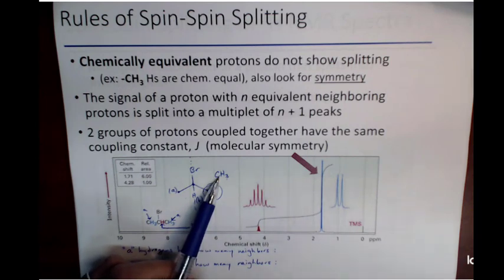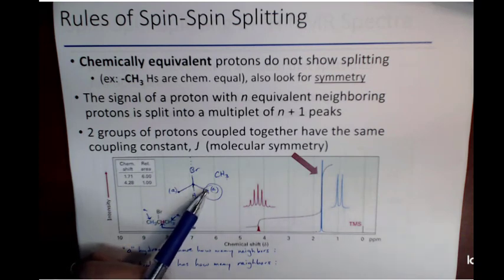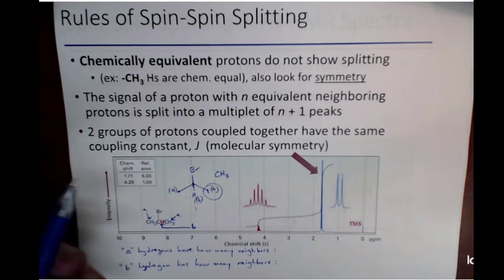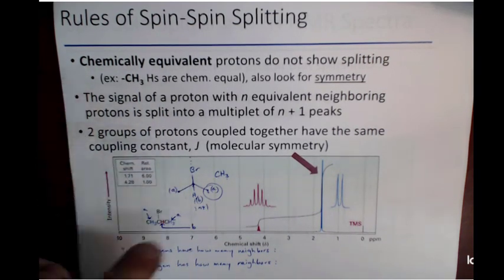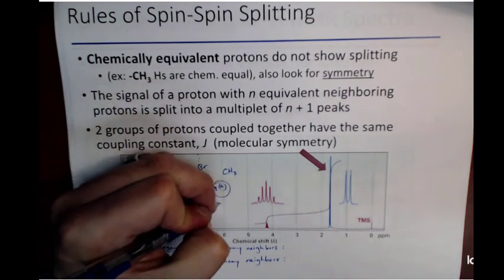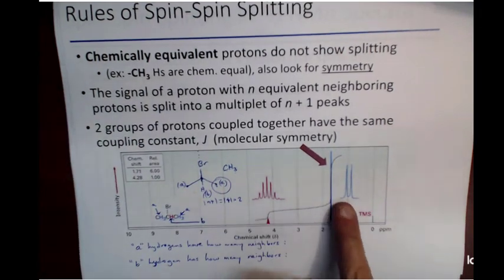So you want to go down the street to the next carbon, to the next house. How many hydrogen neighbors live in that house? Only 1. So the A hydrogens have 1 neighbor. Remember, it's N+1, so 1+1, so you should see 2 peaks, or a doublet.